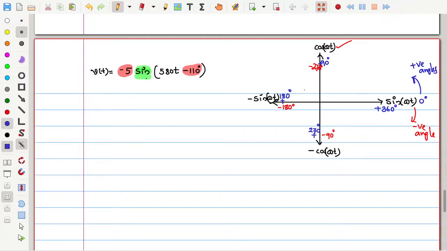See in this table, if I move in the backward direction, that means clockwise direction, by how much angle? From here, 90 degrees. But these clockwise angles are negative angles, so minus 90 degrees. So from here, if I add minus 90 degrees to my signal, I'll get cos.